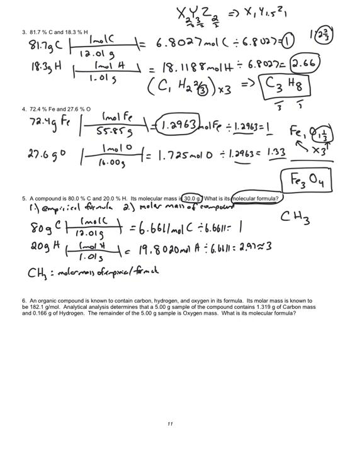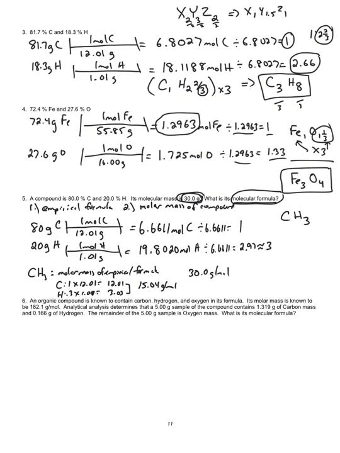So we have 1 carbon and we have 3 hydrogens. Adding those together, we get an atomic weight of 15.04 grams. The molar mass of the compound was given in the problem. The molar mass of the compound is 30 grams per mole.